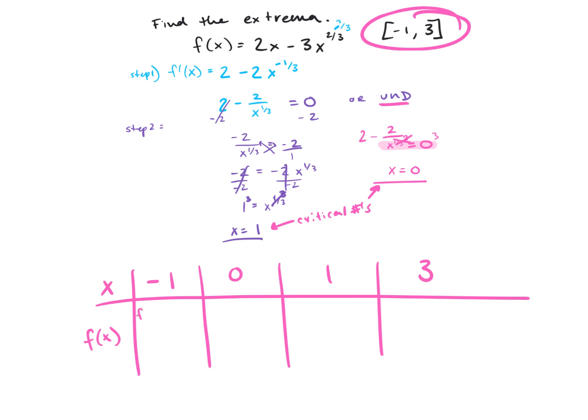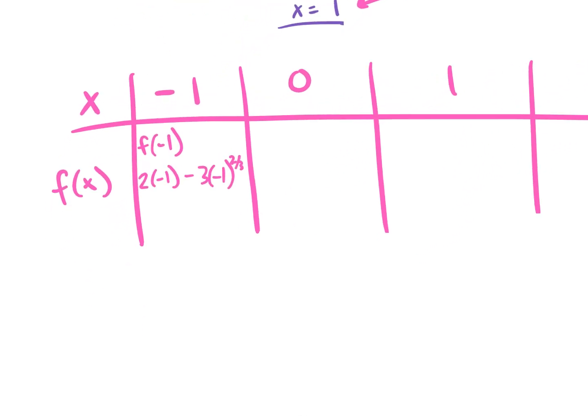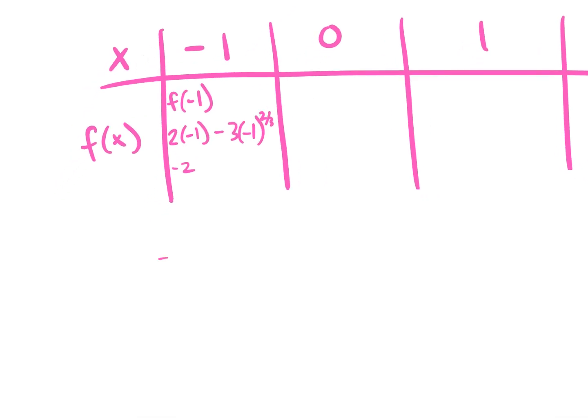So we want to find f of -1. So we're going to take -1 and plug it into our function. So 2 times -1 minus 3 times -1 to the 2/3 power. 2 times -1 would be -2. -1 to the 2/3 power is like saying the cubed root of -1 squared.